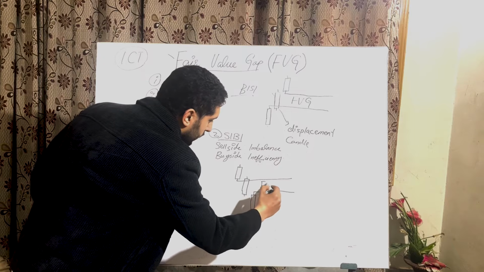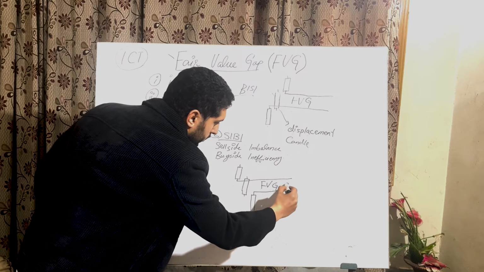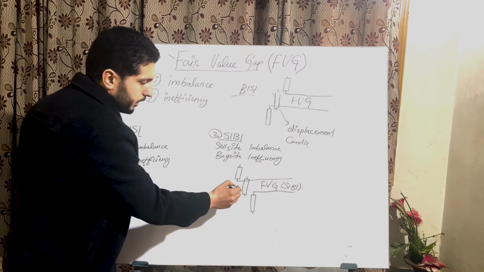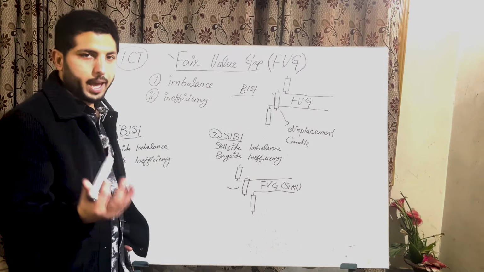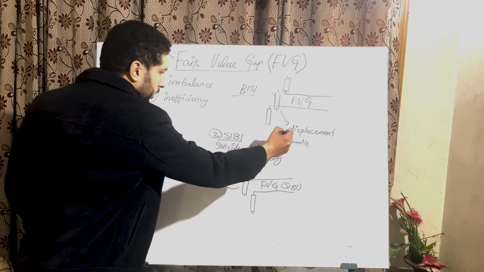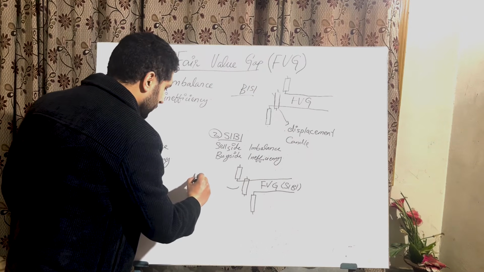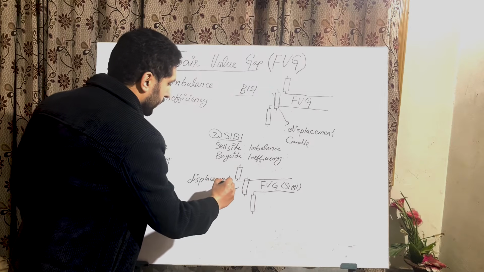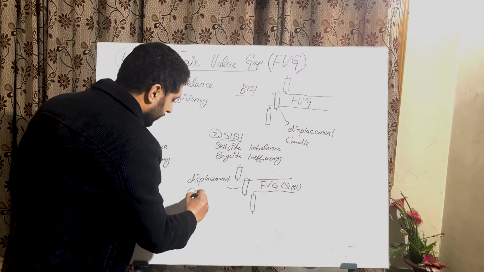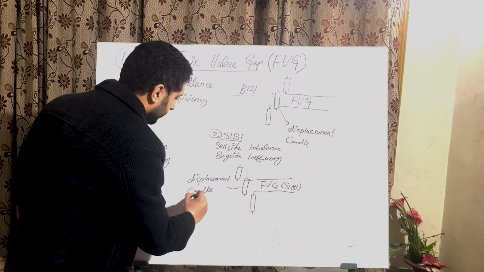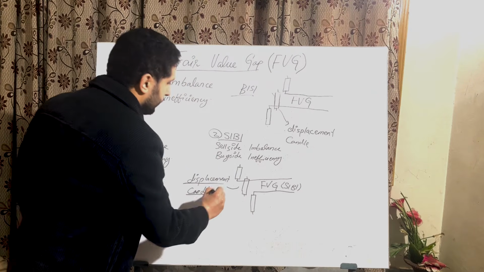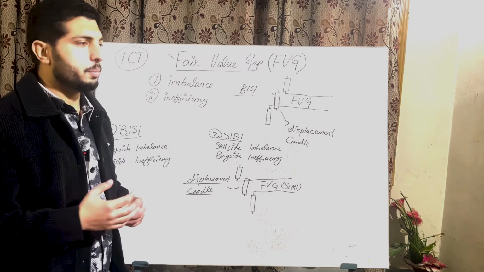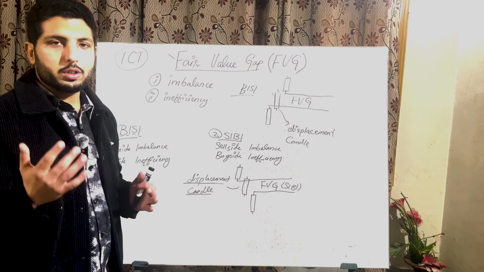It's our fair value gap, which is a SIBI example. The second candle, which creates the gap, is again known as the displacement candle or displacement candlestick, both are the same thing. So this was all about fair value gaps, and let me take you to the charts.